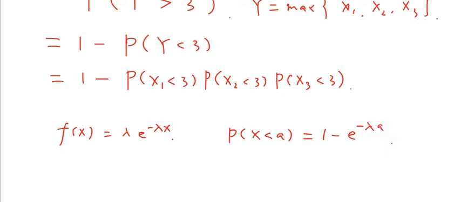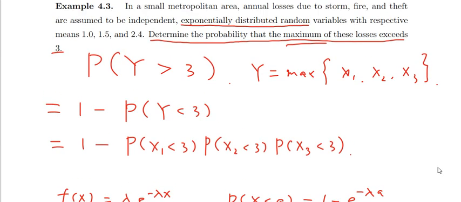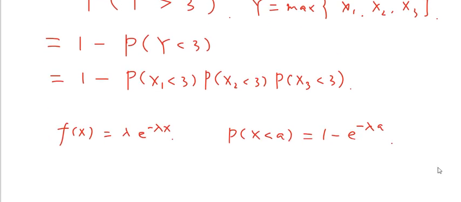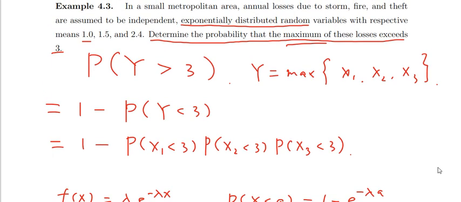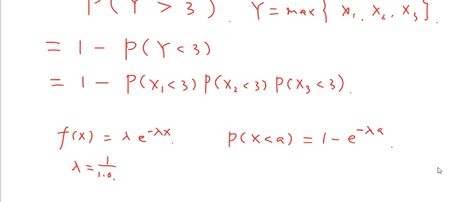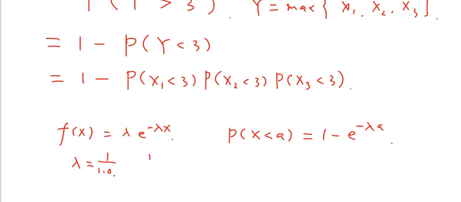We just remember this. Now, x1's mean is 1.0, so lambda equals 1 over 1.0. The second one's mean is 1.5, so lambda is 1 over 1.5.